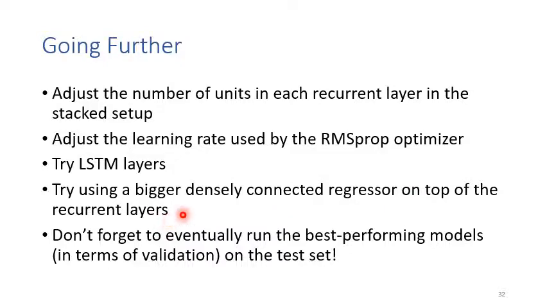We can combine the dense network, feed-forward networks, with the recurrent layers. Finally, don't forget to run the best performing model on the test set. Anyway, it shows us how difficult it is to beat a common sense model. So be careful when you do a time series problem. Don't forget to compare your performance with the common sense baseline.